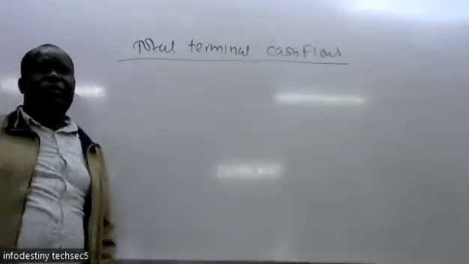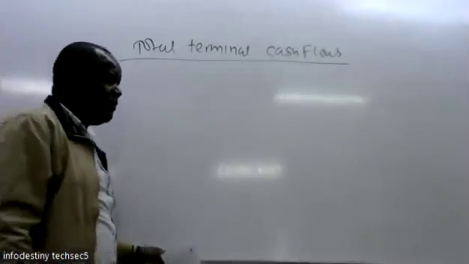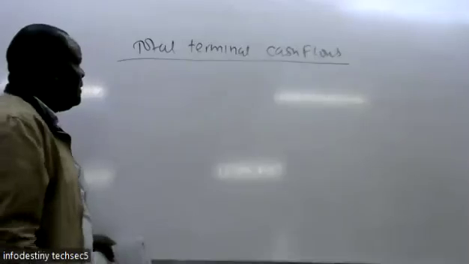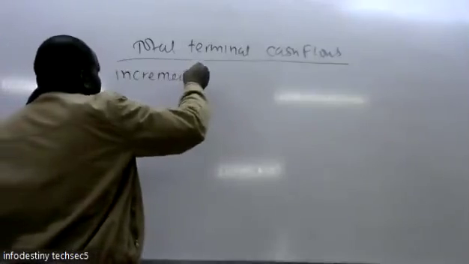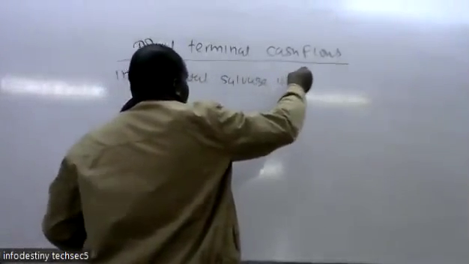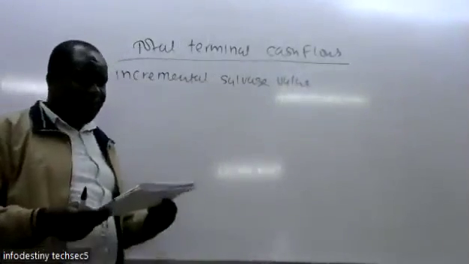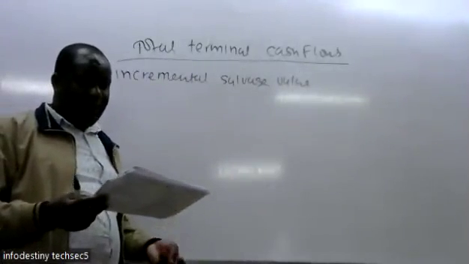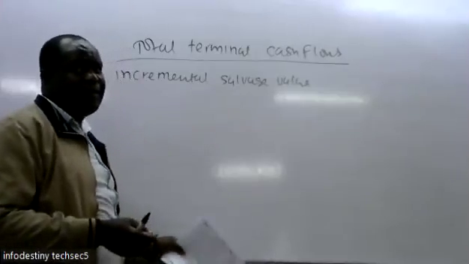So when you want to get the total terminal cash flows, we simply start with the incremental salvage value. You can see we calculated it in step number 3.